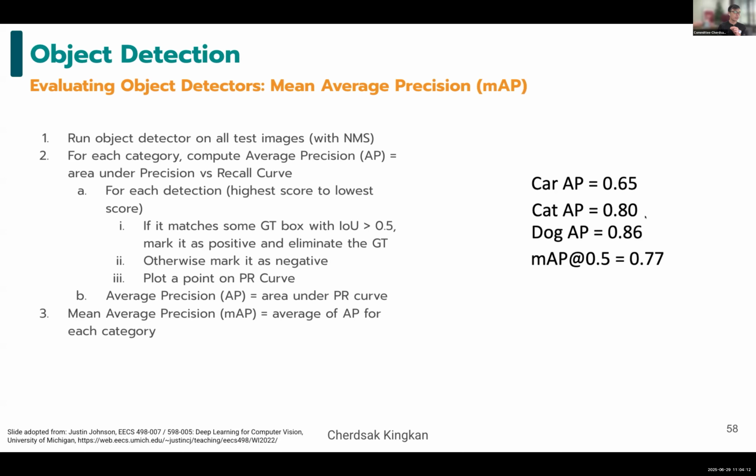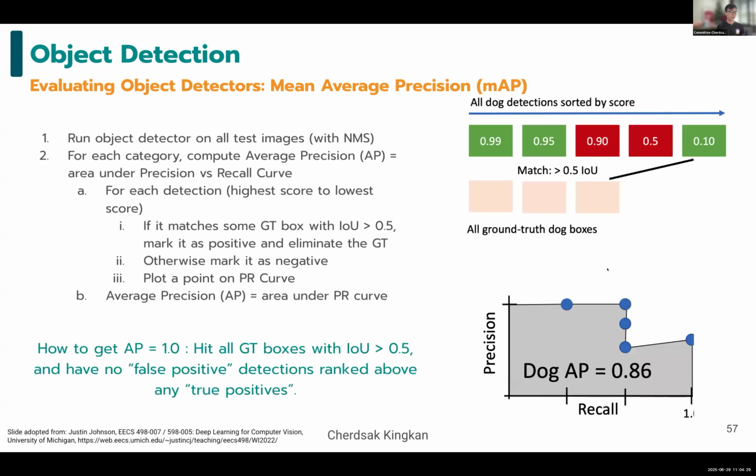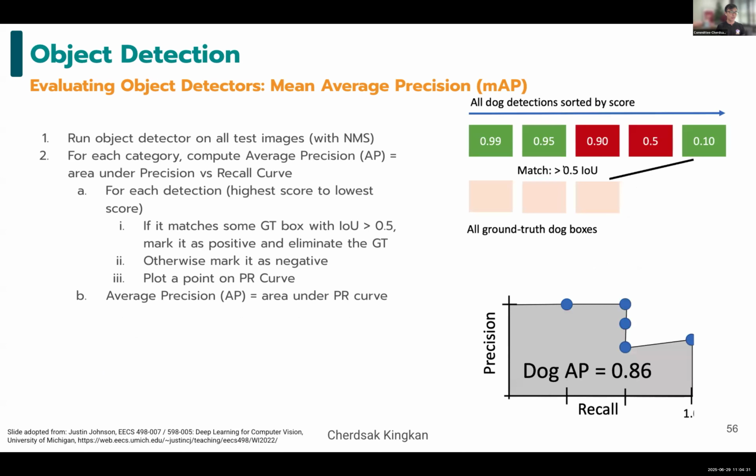For example, with these average precisions, the mean average precision of our model is equal to 0.7, all right? And the 0.5 here is the overlapping area that we are testing. So it's 0.5 IOU that we are using as a threshold to measure the overlapping between the predicted and the ground truth.